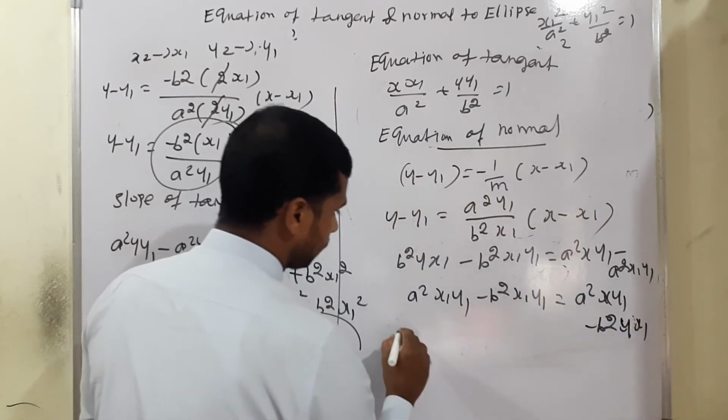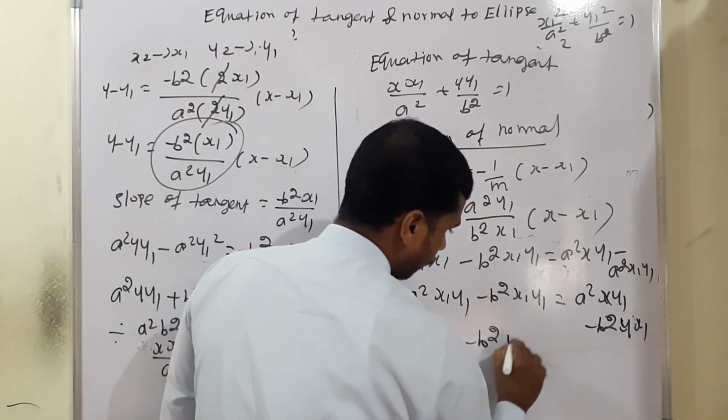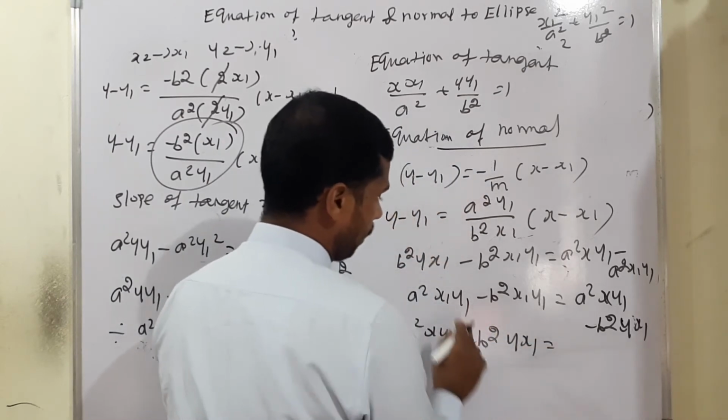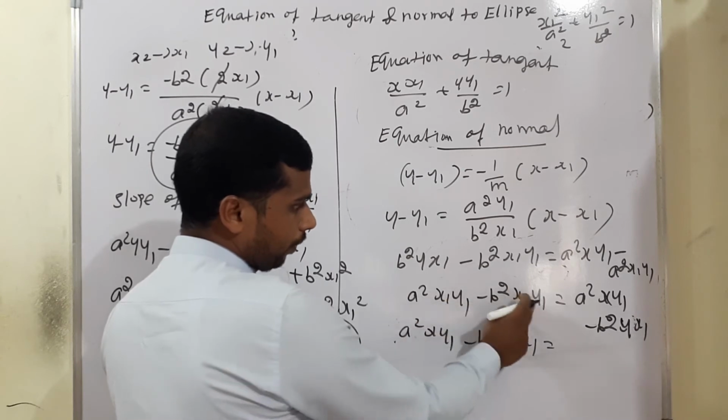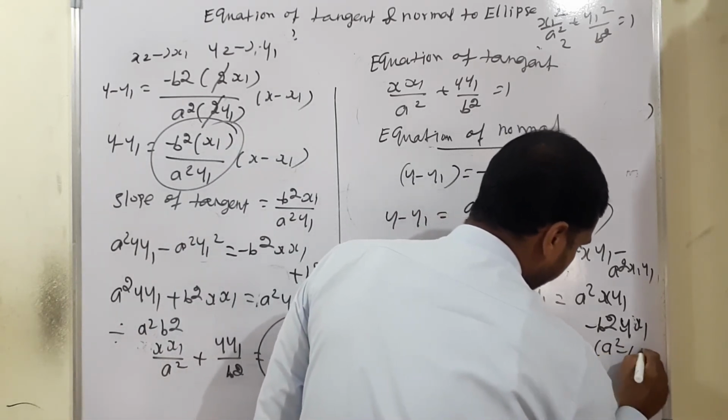Again the whole term interchange: a square x y1 minus b square y x1 is equal to, here left hand side common value x1 y1 is there, isn't it? Take common outside: x1 y1 into a square minus b square.